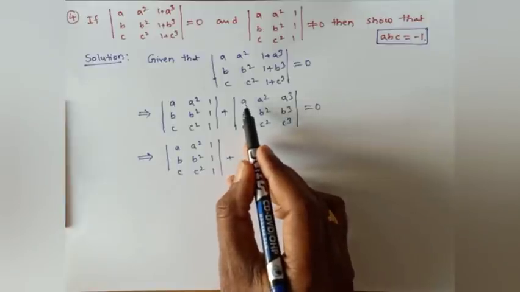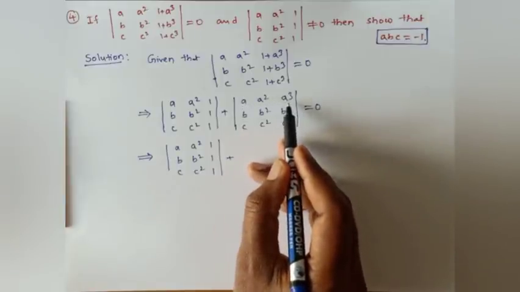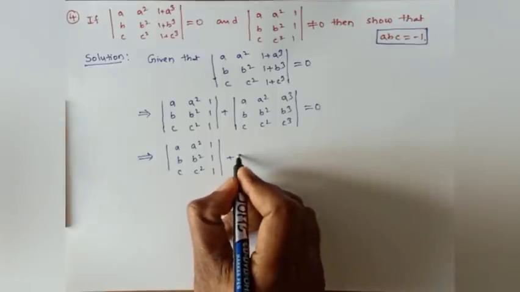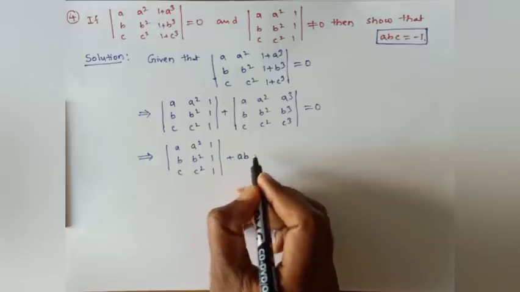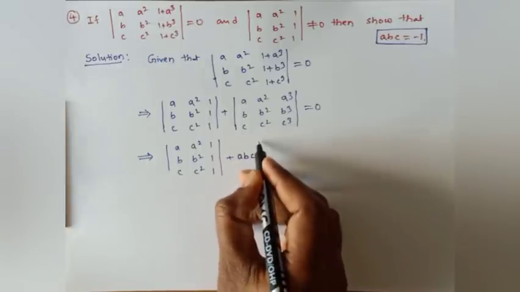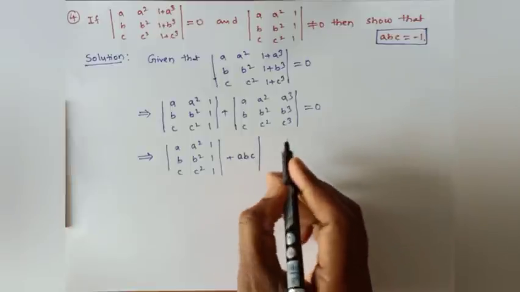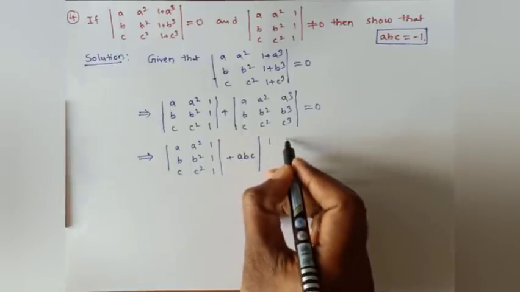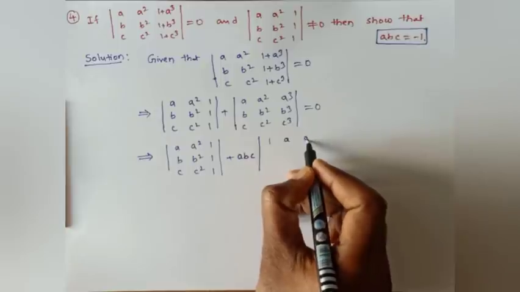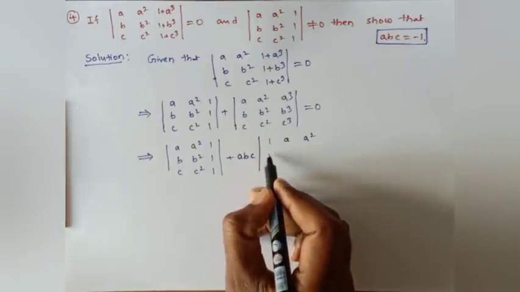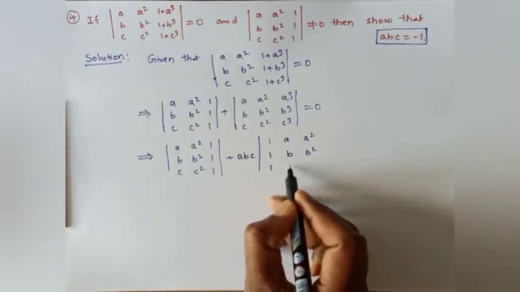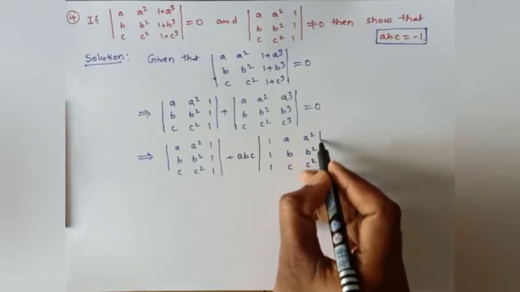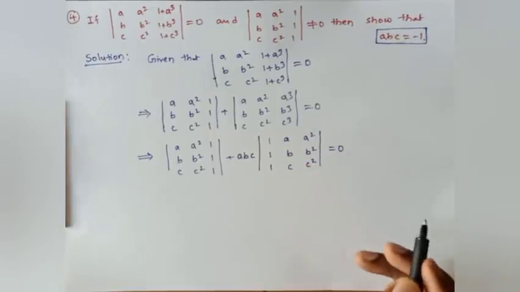Now in the first row, every term contains a, so a is common from the first row, and in the second row b is common, and in the third row c is common. So from the first row a is common, so that it is 1 a square part only. Next from the second row b is common, so it is 1 b square. Next it is 1 c square is equals to 0.